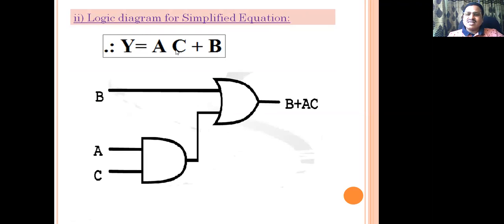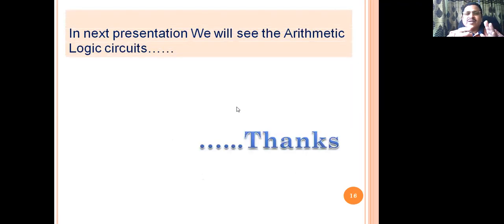To get the first term, A and C, we can use an AND gate. This can be ORed with B. To get that, we use one more OR gate, the result of which gives the required equation Y as B or A and C, or A and C or B, one and the same. Is this clear?